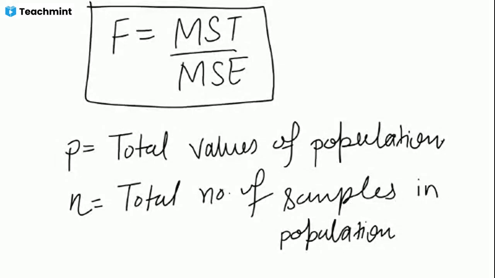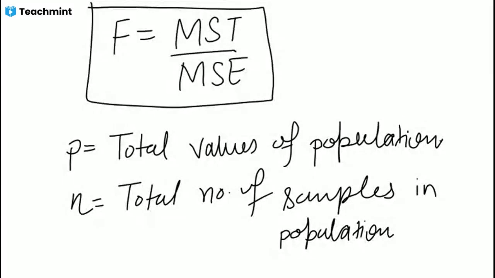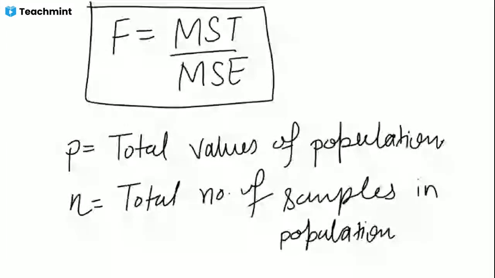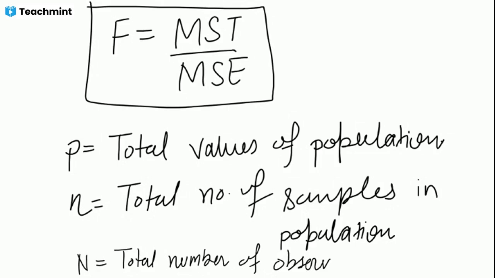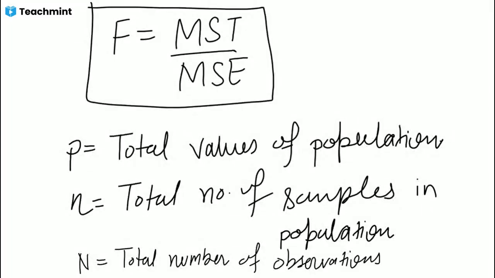Okay. And capital N is the total number of observations. Now let us understand it well by using an example.